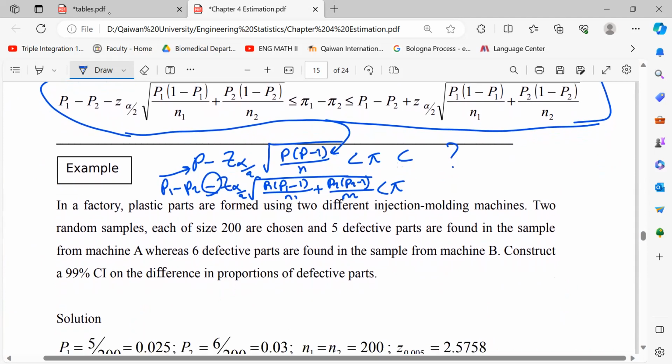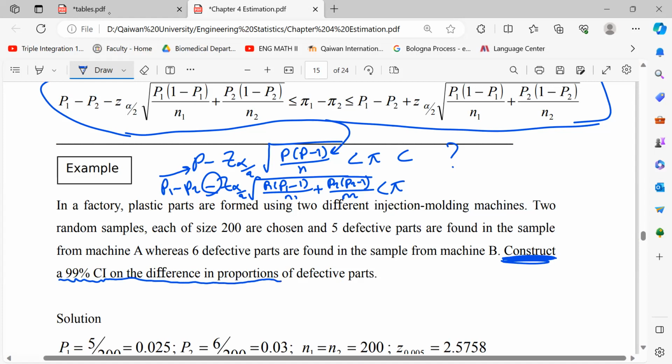We now have an example about the confidence interval for the difference of two population proportions. Directly go to the end of the question or example. It says construct. If you know it is confidence interval, check what case it is. You could get it from here. Construct a 99% confidence interval on the difference in proportions.